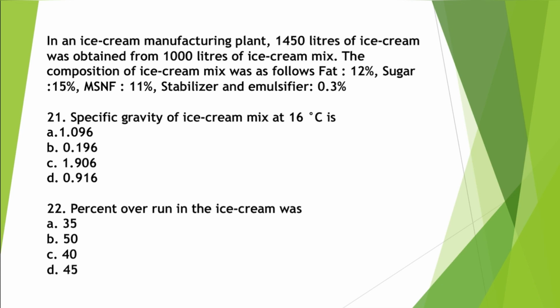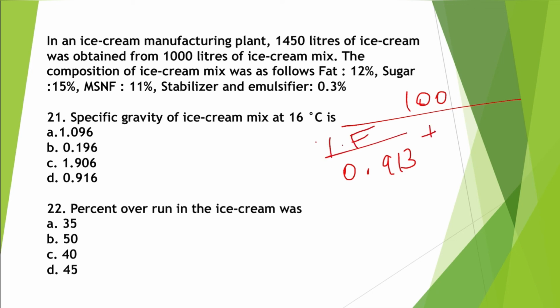The specific gravity of ice cream mix at 16 degrees Celsius is, to find specific gravity there is quite a big formula, that is 100 upon percentage of fat divided by 0.913, then percentage of protein, MSNF upon 1.36, then percentage of lactose upon 1.63, then percentage of additives upon 5.5 plus water.